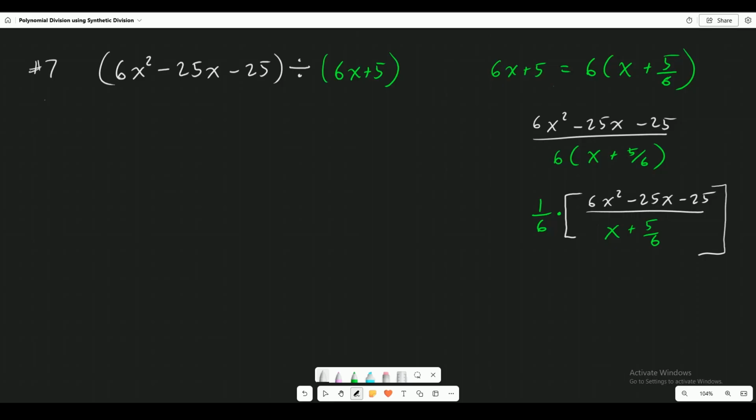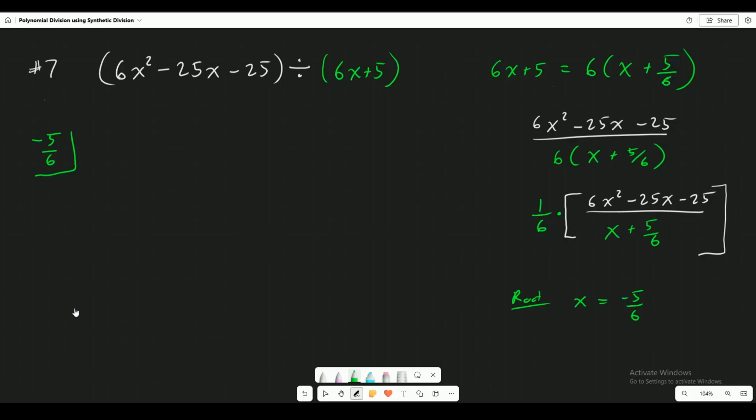So now let's continue doing our synthetic division. Our root is going to be negative 5/6. So we're going to grab our root and we're going to grab our coefficients.